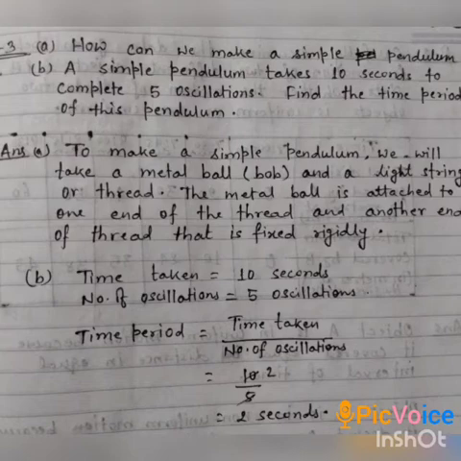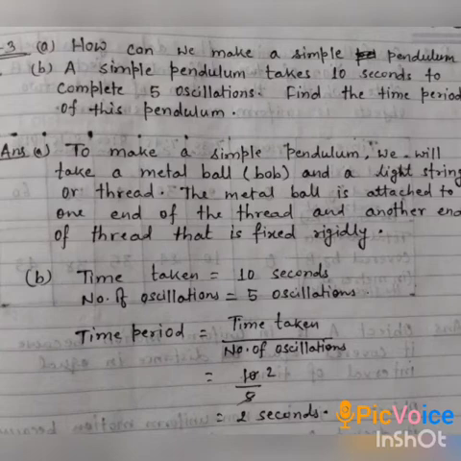Now the answer of A. To make a simple pendulum, we will take a metal ball, which is known as the bob, and a light string or thread. The metal ball is attached to one end of the thread, and the other end of the thread is fixed rigidly at a point. In this way we can make a simple pendulum.